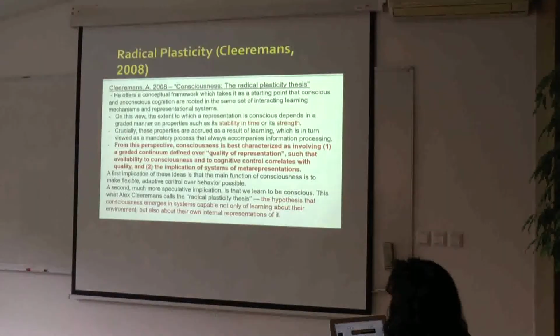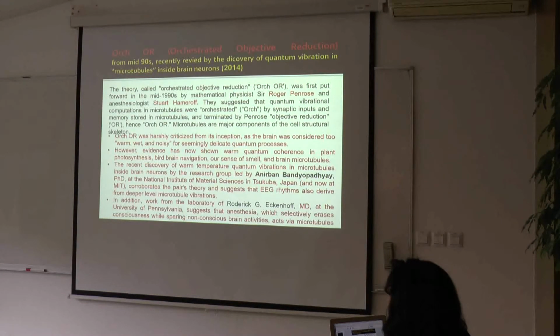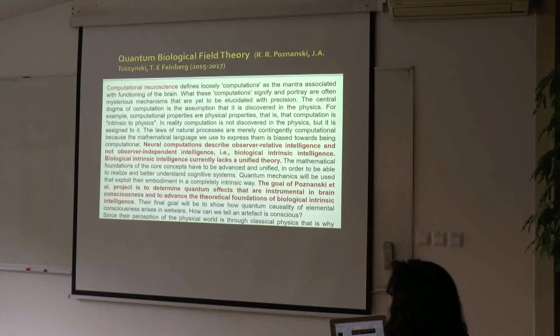Radical plasticity, the radical plasticity thesis. CODAM, a model of attention leading to the creation of consciousness. Orchestrated objective reduction from the 90s, recently revived by the discovery of quantum vibration in microtubules inside brain neurons. Quantum biological field theory by Pozdnyakov, very recently discussed.